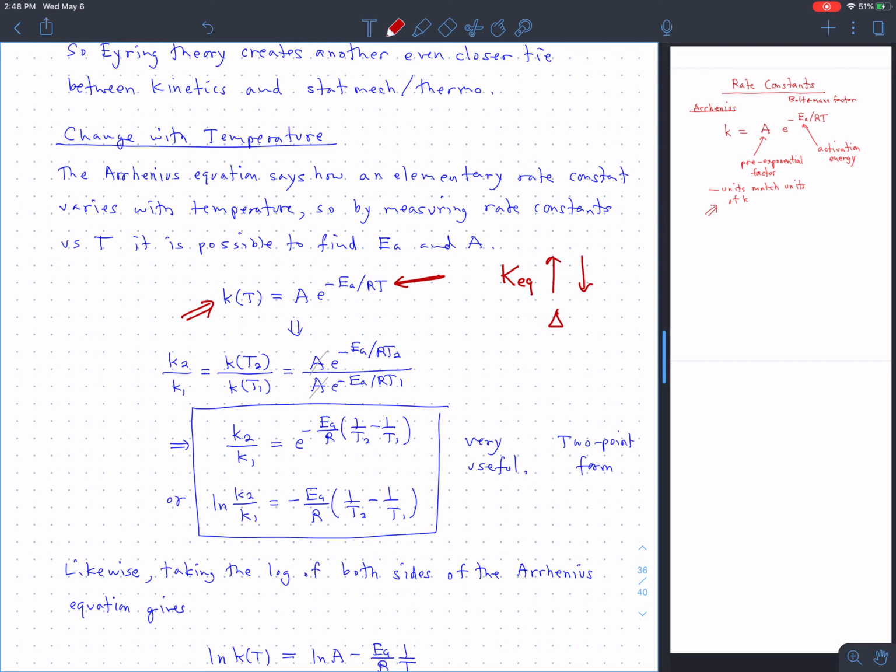It depends on the sign of the delta H for the reaction. If the delta H of reaction is negative, in other words, an exothermic reaction, then the equilibrium constant actually goes down when you raise the temperature. If delta H of reaction is greater than 0, an endothermic reaction, then the equilibrium constant goes up. But rate constants always go up.